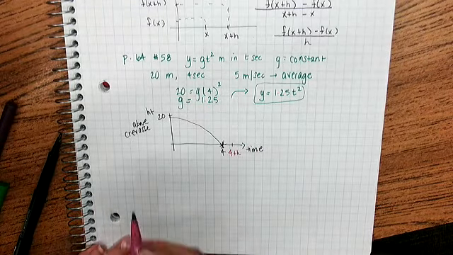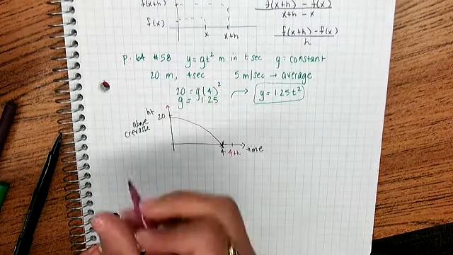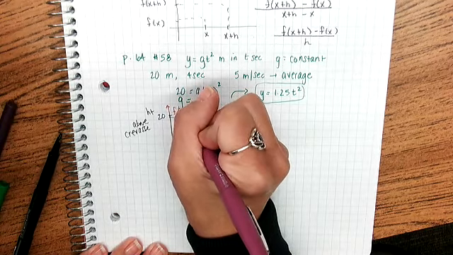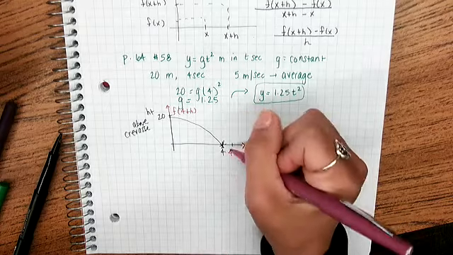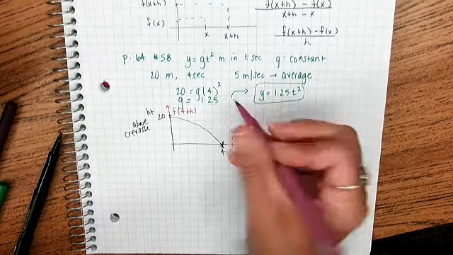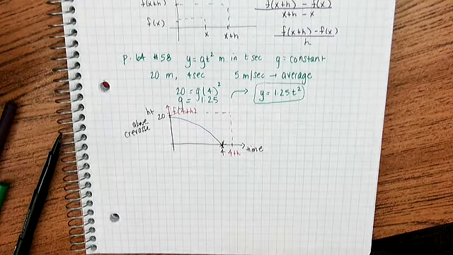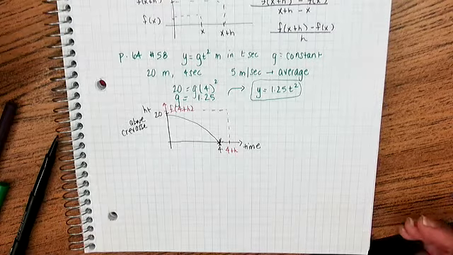And this is going to be my f of 4 plus h. So if this is my 4, trust me. So let's plug into our rate of change formula.